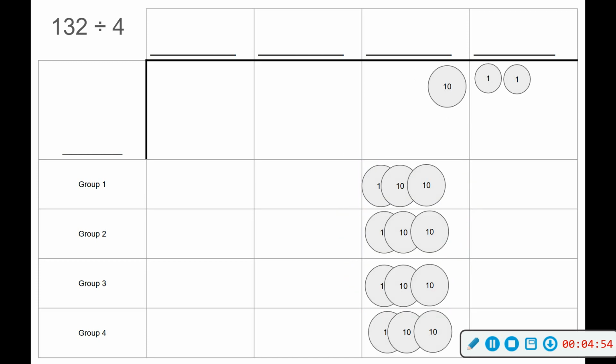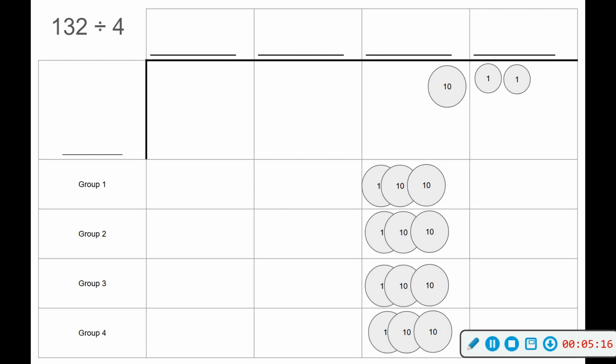Once I group all those out evenly, I'm only able to put 3 in each group. One of them could not fit into a group of 4, which means it's going to have to be by itself. But I don't want to ignore it. This is not a subtraction problem where I get rid of it. Instead, I'm going to do what I did with the hundreds, and I'm going to exchange it.